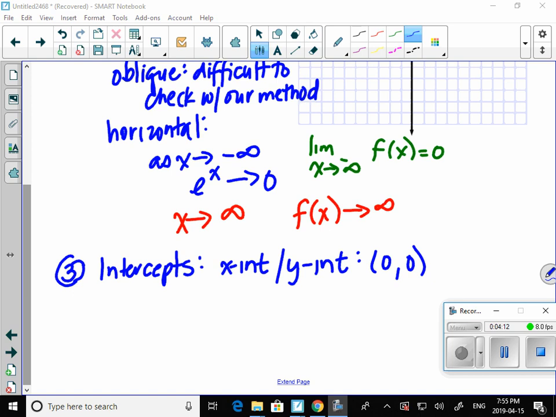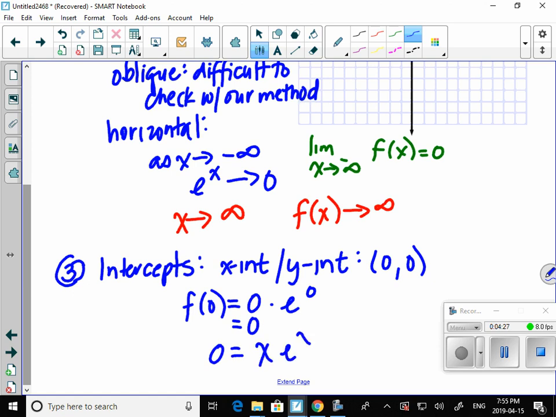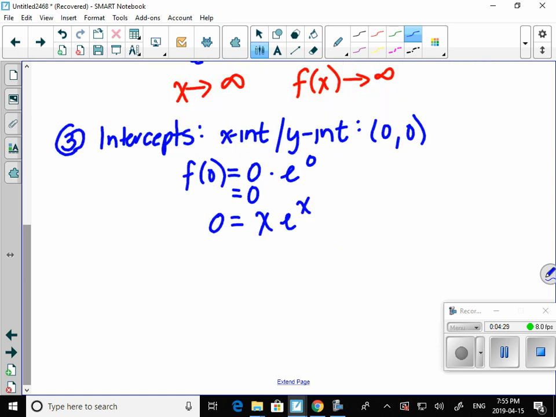You can discuss that if you wish, but it's not a big deal. You have 0 times e to the 0, which is 0, so that is our y-intercept. For our x-intercept, we want to know where the function itself is 0. The only place that the function is 0 is when x is 0, because e to the x is never 0.